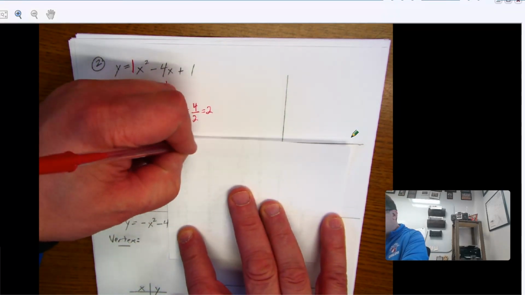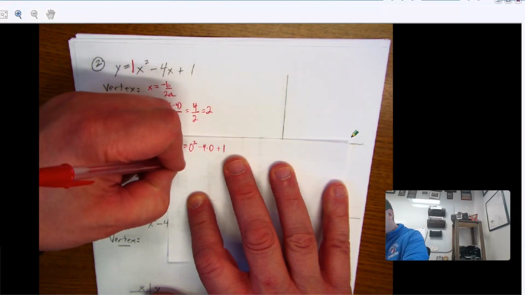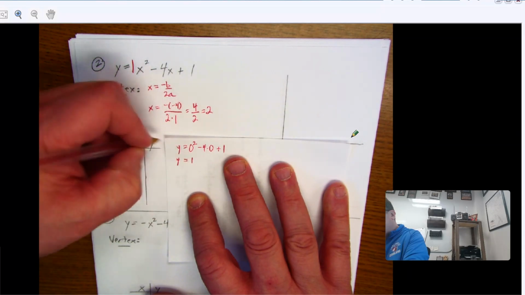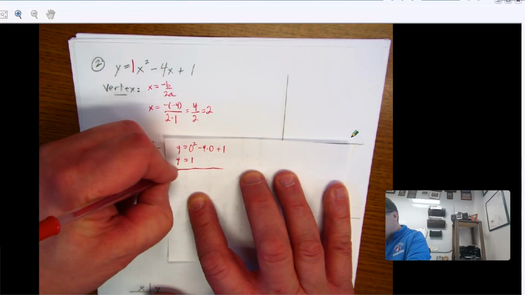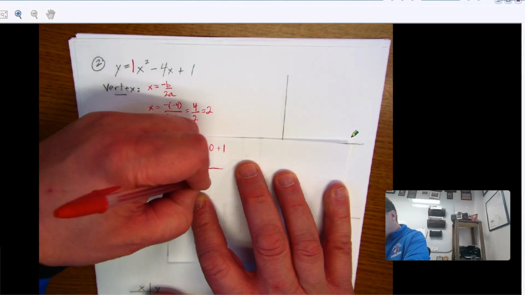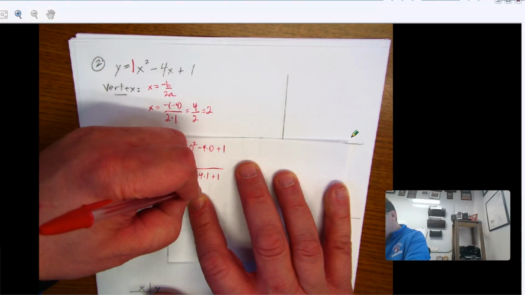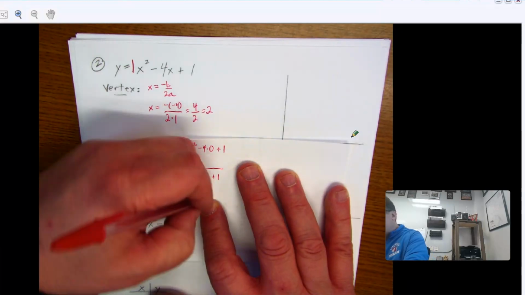So 0 squared minus 4 times 0 plus 1. So that would end up being 0 minus 0 plus 1, so 1. So we're going to have a point at 0, 1. When we plug a 1 in, that's 1 squared minus 4 times 1 plus 1. So this is 1 minus 4 plus 1, which works out to be -2.